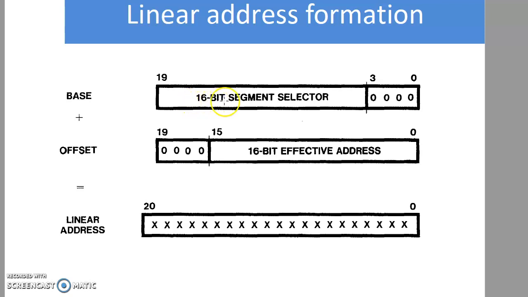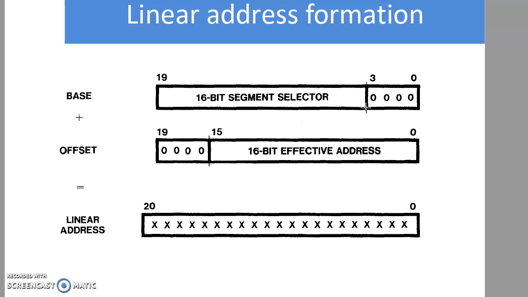The segment registers are 16-bit. The segment registers in 8086 store the base address of the segment, and the same thing happens in the virtual 8086 mode. The 16-bit segment register has to give a linear address of 20 bits.